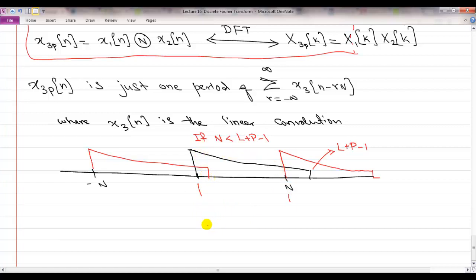It will look like something like this, up to n.